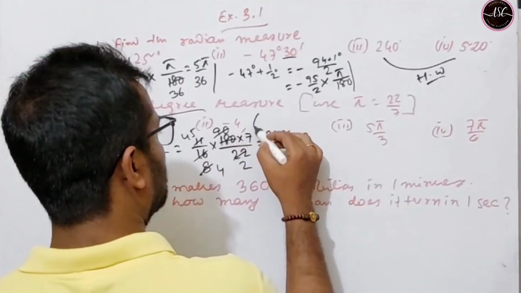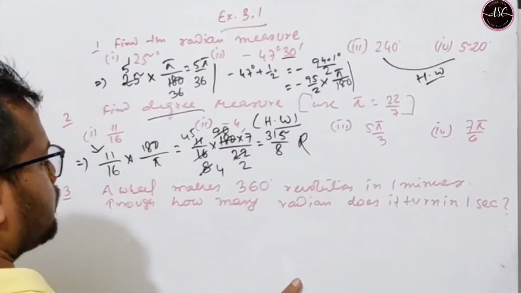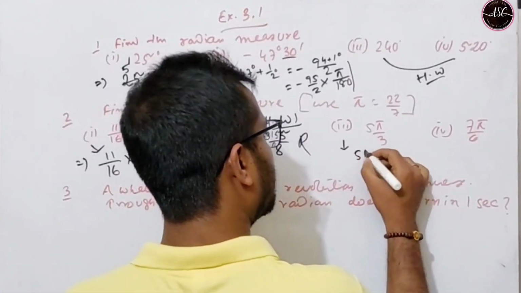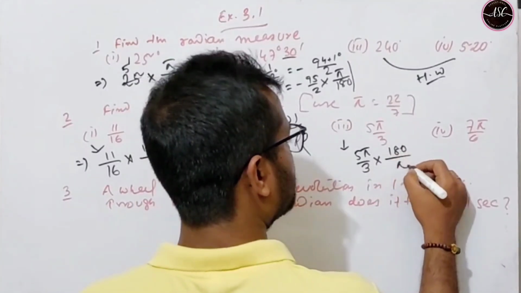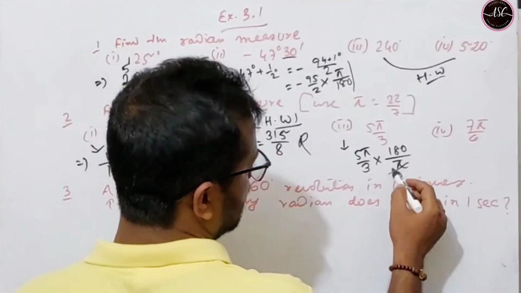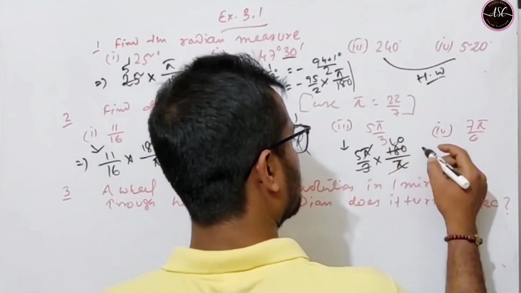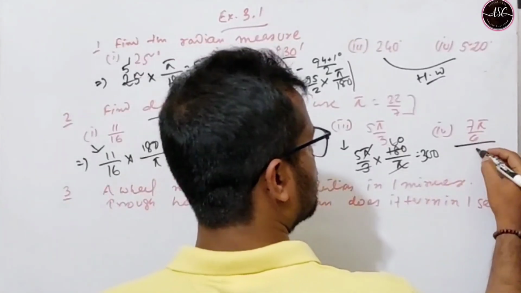Second is your homework. Okay. Now for this, 5 pi by 3, just multiply this by 180 by pi. Now cancelling pi, we get 300 degree, and this is your homework.